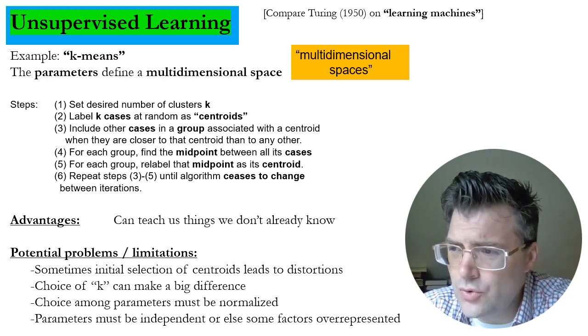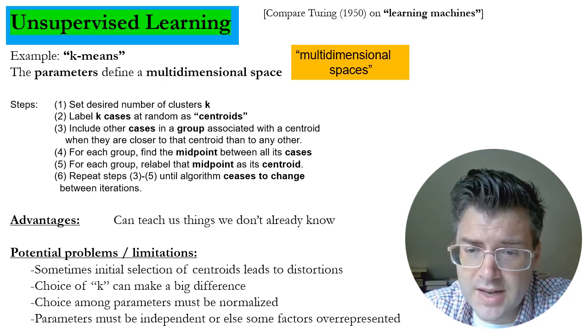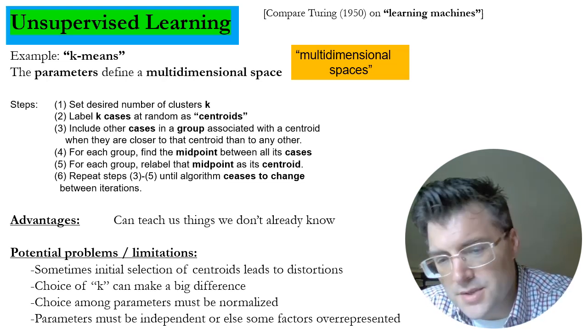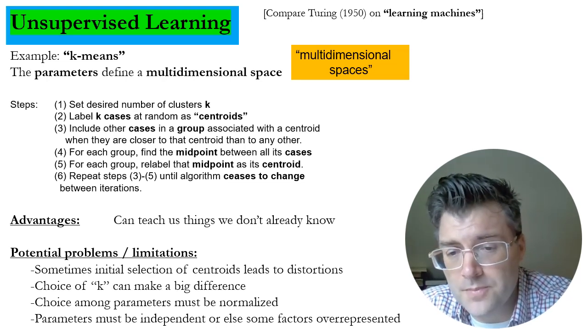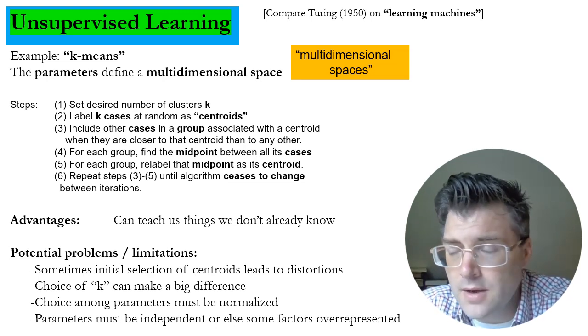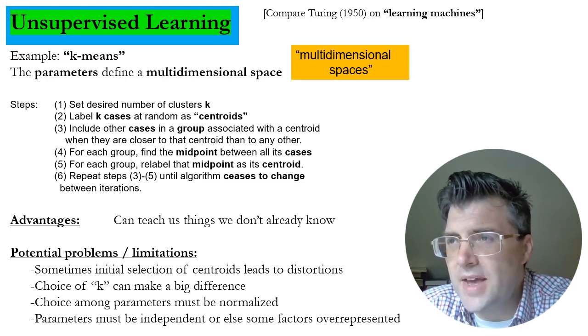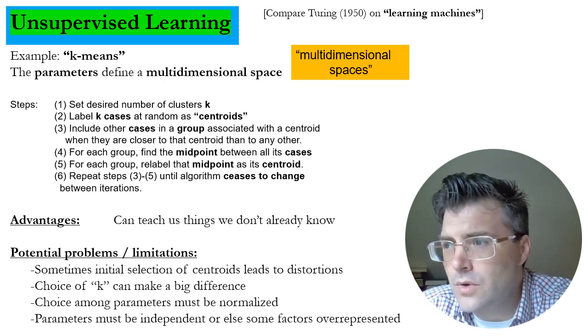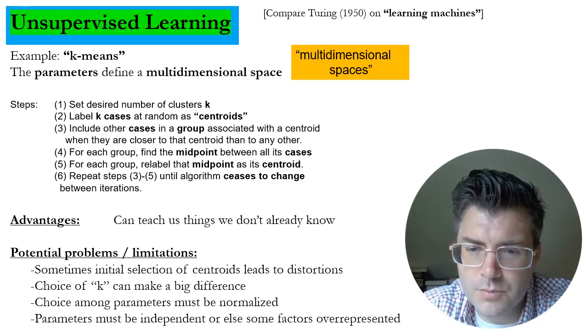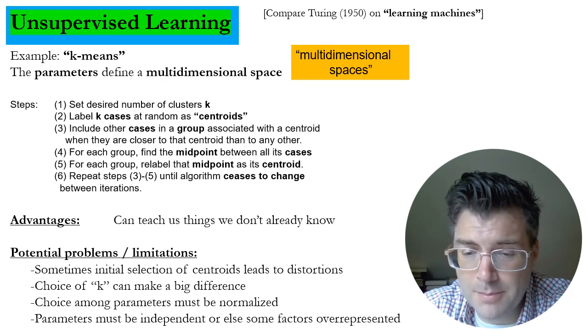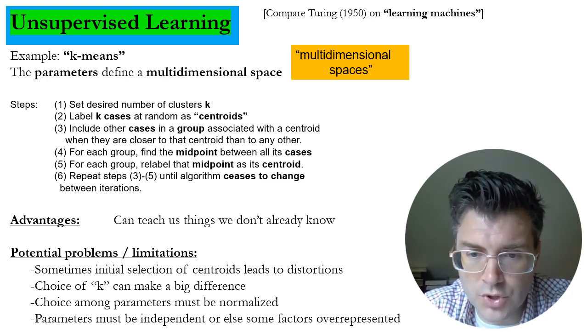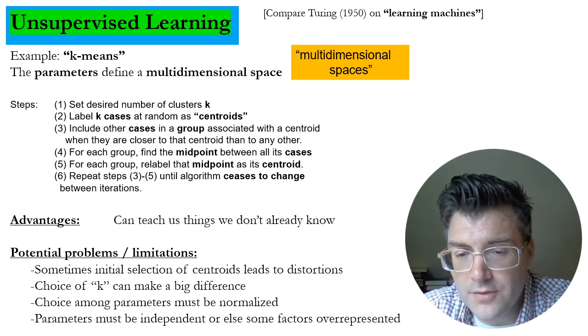And if you were to use both of those parameters in application of a k-means algorithm to a clustering task, then you may see some distortion in the groups that are produced, because it's like you're taking a single factor and amplifying its import in terms of how close or far away various data points are.